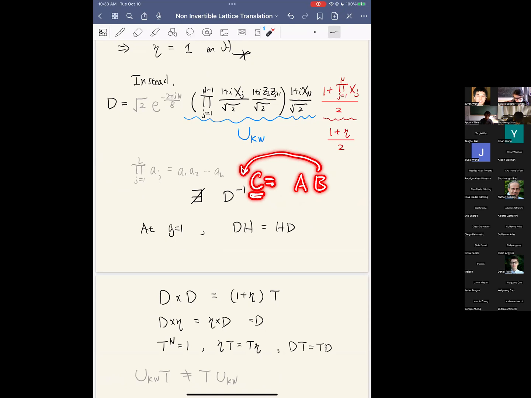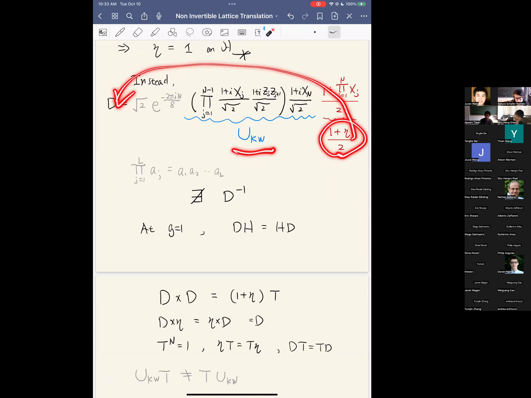So if you know C is a symmetry and B is a symmetry, then you conclude that A is also a symmetry. Here, what's different is that this one is non-invertible, so you cannot bring it to the other side and conclude that U is a symmetry. Thanks for that question. I should have emphasized that more, because it really underlies the fact that D is non-invertible, but it also cannot be written in terms of the other invertible symmetries of the system.